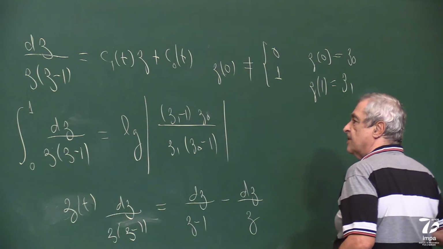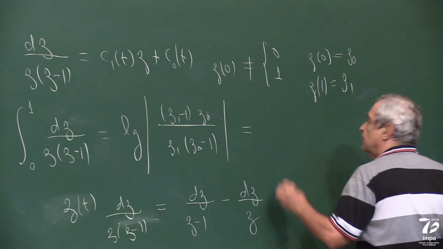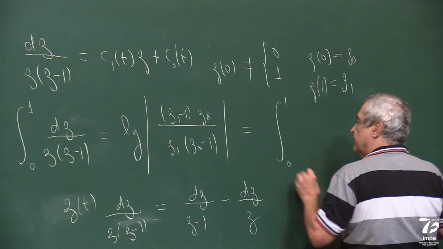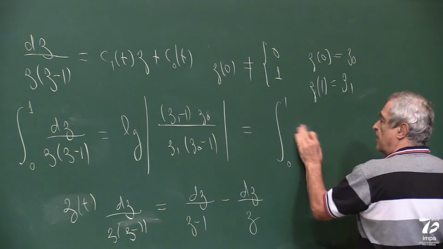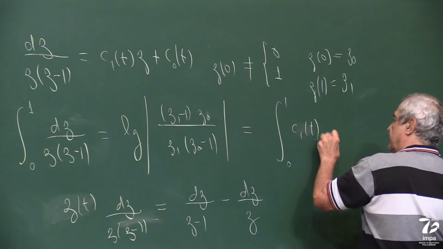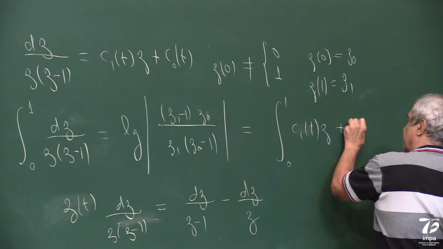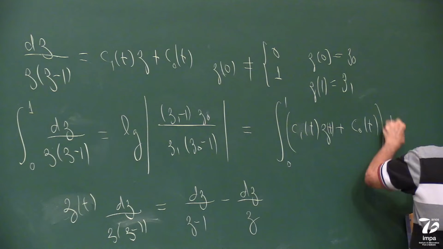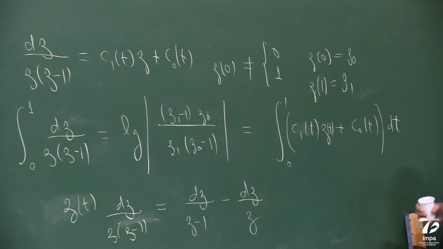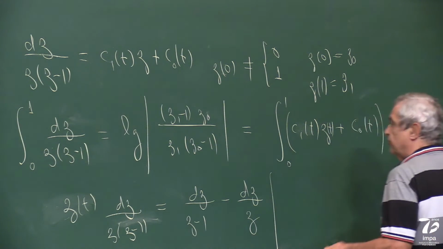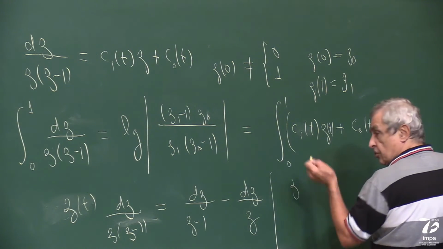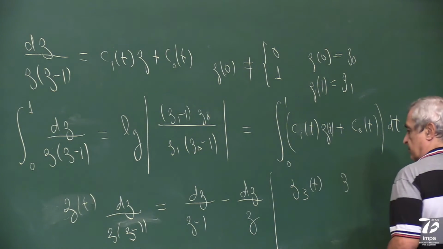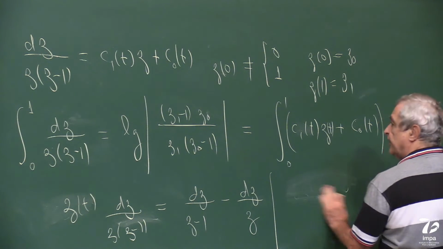Then I find something like this, which is equal to the integral from 0 to 1 of C1 of t times z plus C0 of t, dt. Now suppose you have two more solutions, Z3 of t, and take another solution.